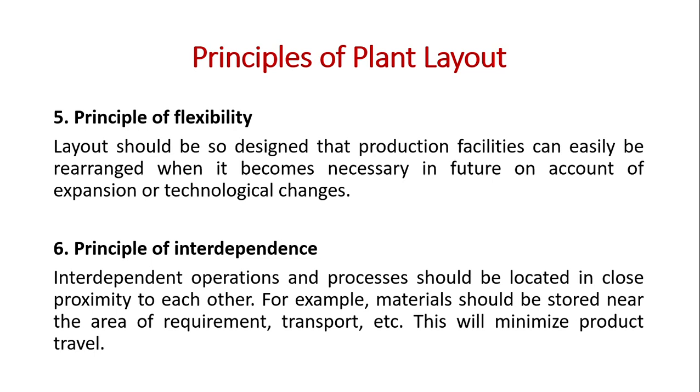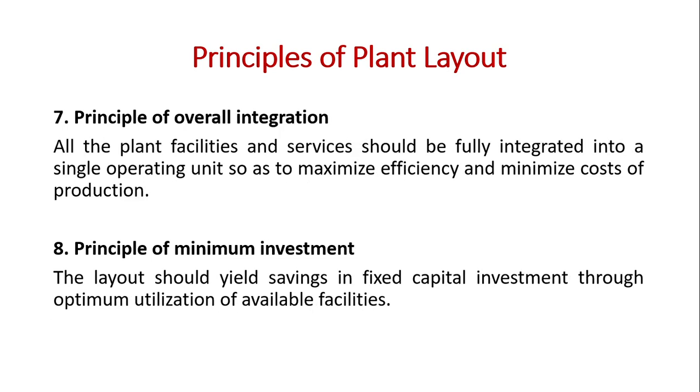Interdependent operations and processes should be located in close proximity to each other. This will minimize product or material travel. Principle of overall integration. All the plant facilities and services should be fully integrated into a single operating unit so as to maximize efficiency and minimize cost of production.